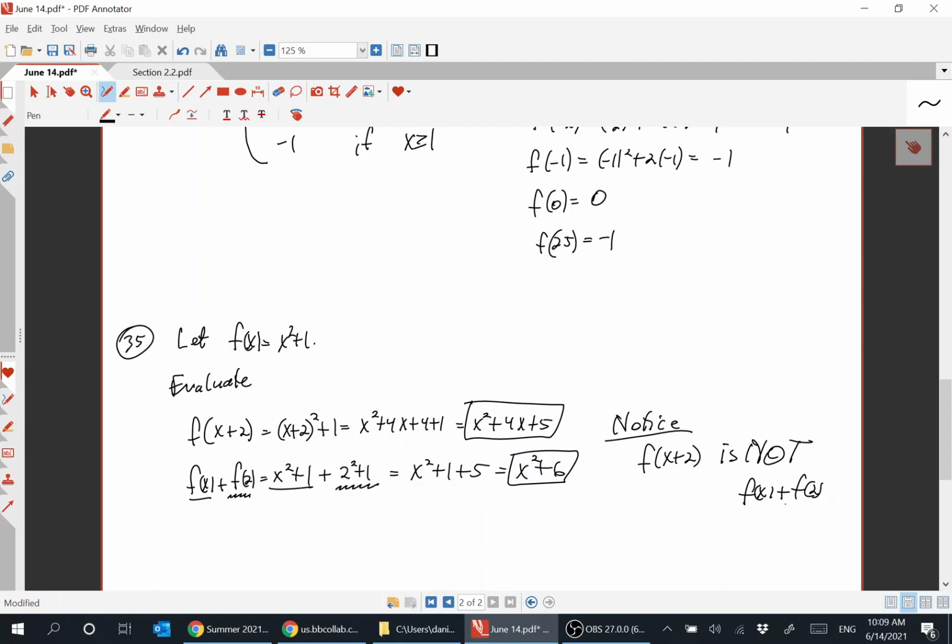So in number 38, you'll be comparing f of x over 3. In 38, you're going to be evaluating f of x over 3 and f of x over 3 in different ways, and they're going to be different as well. Most functions don't respect division.